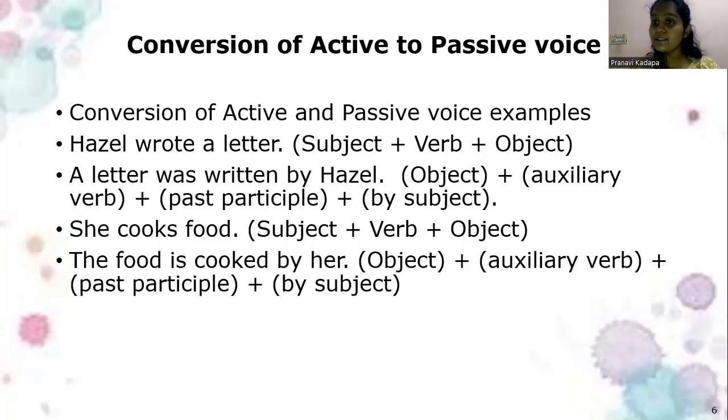Let's see how it is written in passive voice: A letter was written by Hazel. Letter is the object, was is an auxiliary verb, written is the past participle, by Hazel is the subject. She cooks food. What do you think is the passive voice of this sentence? The food is cooked by her.